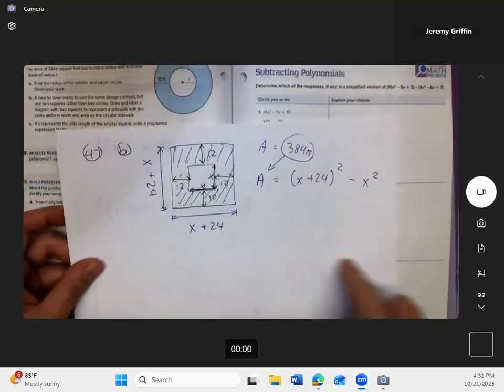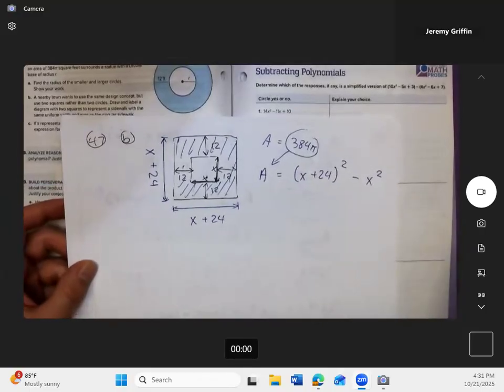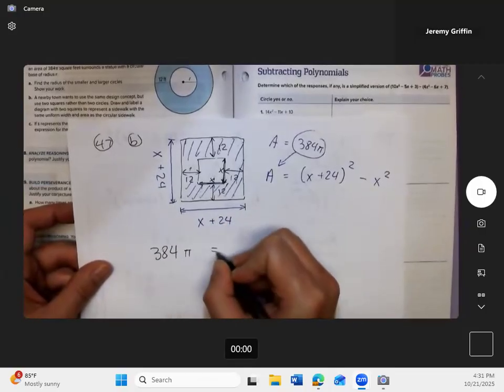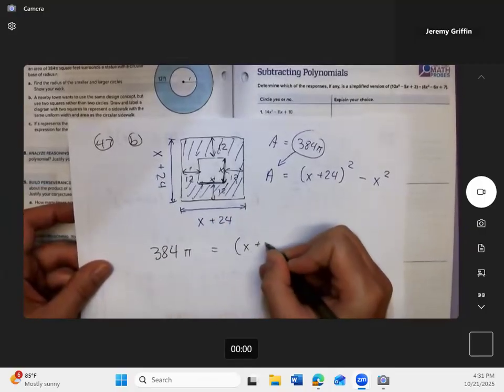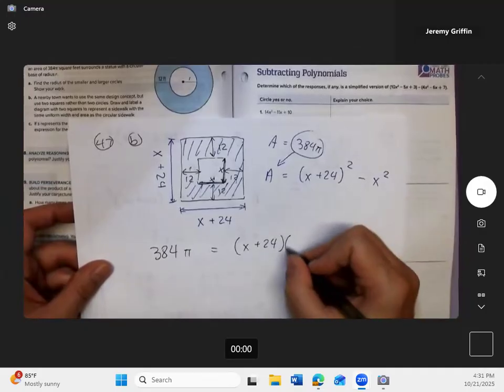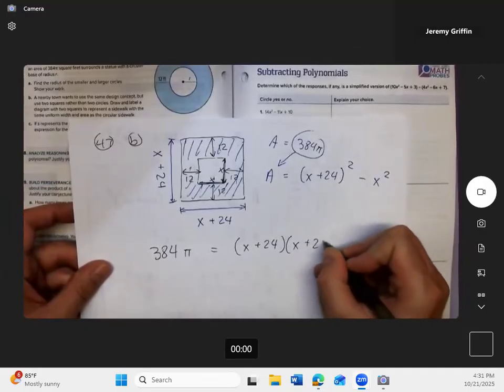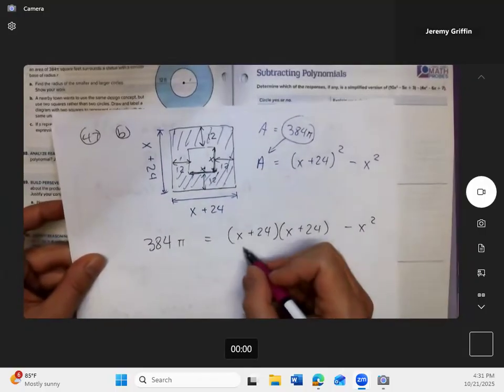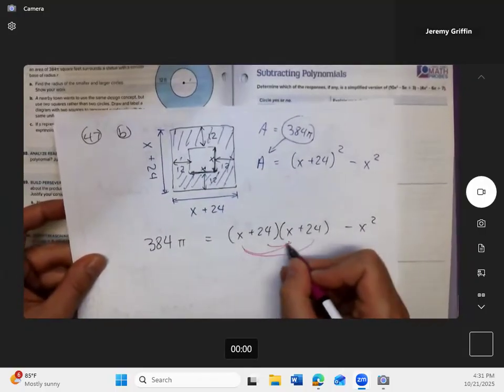I'll bring that down here and see how far we can go. So 384 pi is equal to x plus 24 squared, in a foilable form, minus x squared. Now I can FOIL that out: first, outside, inside, last.